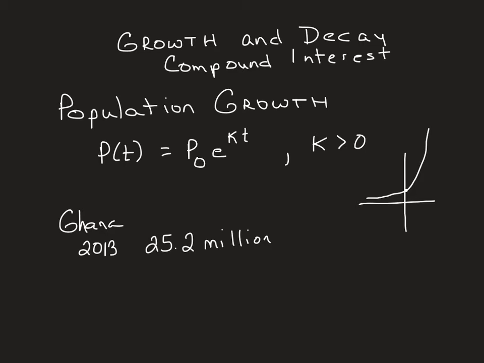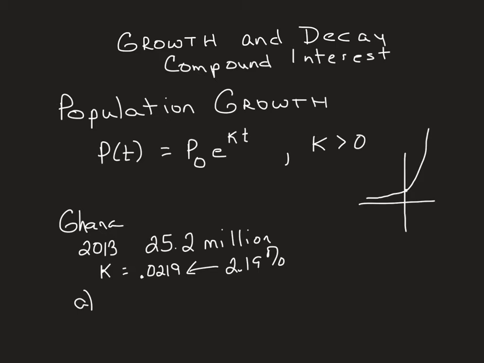In other words, k, our exponential growth rate, is approximately 2.19% per year. So 2.19% translates for k into 0.0219. And we want to first find the exponential growth function.